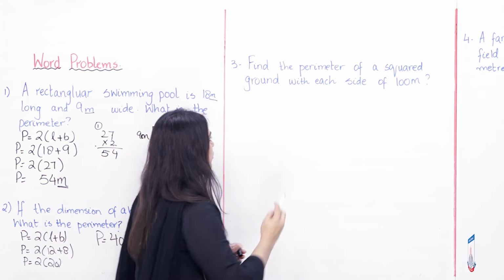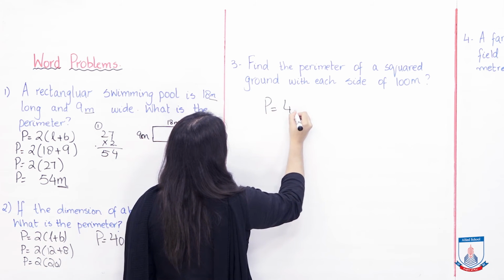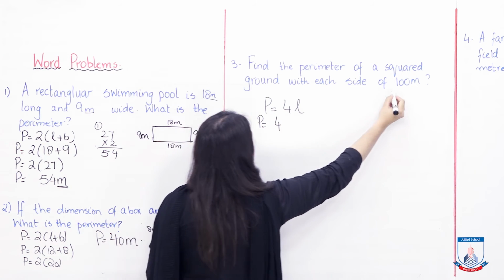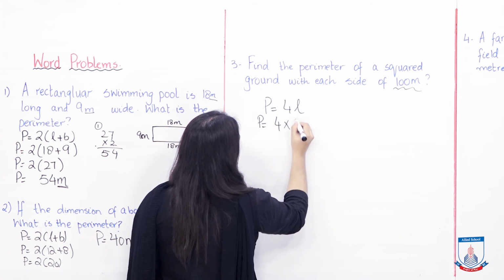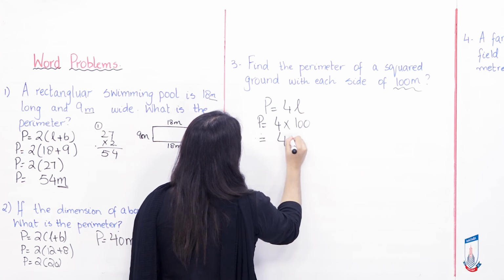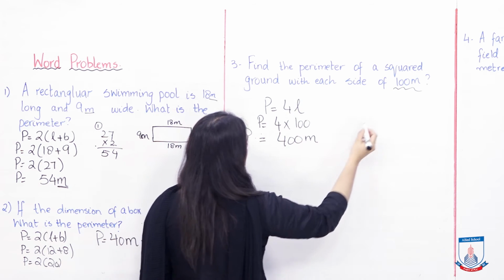So I'm going to put the formula. Perimeter is equal to 4L. What is the length given over here? It is 100. So 4 times 100 will give you 400 meter. So this is the perimeter of the square shape.